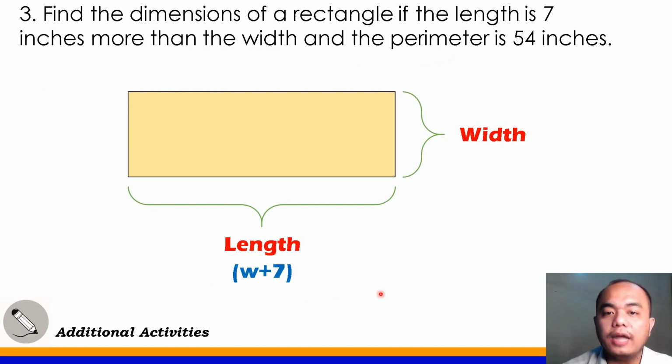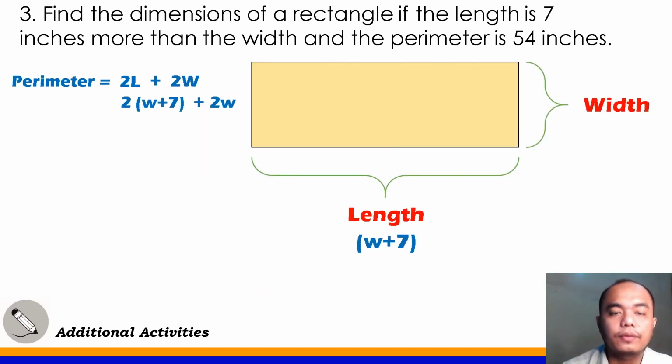Now, ang perimeter natin, ang kabuuan. Okay? Ang kabuuan will be this one. Perimeter equals 2L plus 2W. Ito yung formula natin sa perimeter, di ba? So, ngayon, isa-substitute natin itong W plus 7 dito sa ating L. Okay? Ito na yung mangyayari. So, perimeter equals 2L plus 2W. Yung 2L natin dito, copy yung 2.